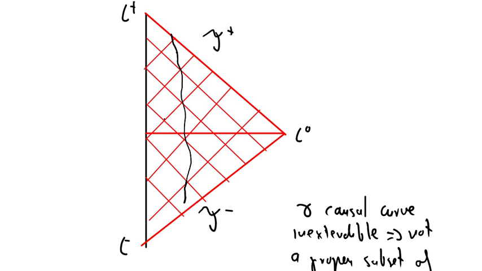Okay, so if I have another curve here, I can just let it go, and it can reach I plus, or it can reach I minus.